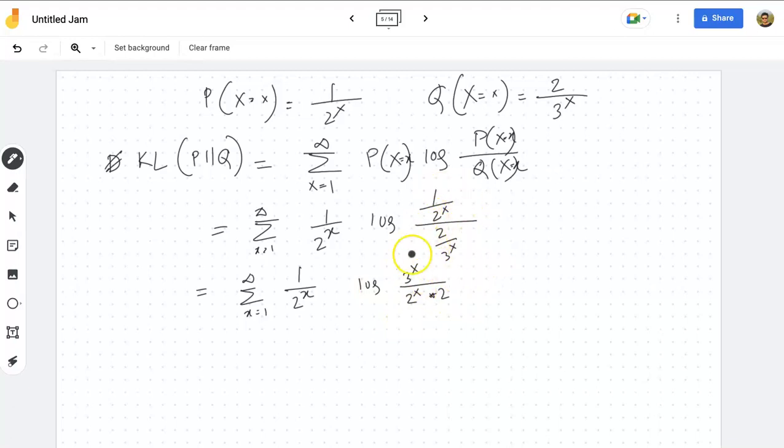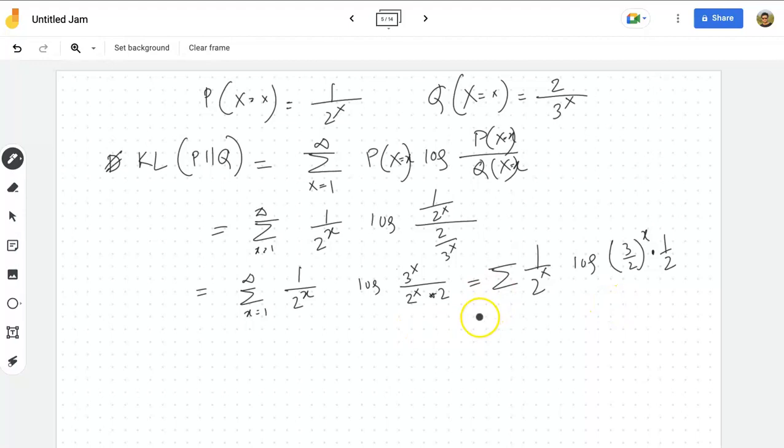So if you just format it, it will be... Now if you just write it carefully, I'm not writing this x equals 1 to infinity again and again. Just this is the thing. So I'm just writing it as x. It will be log of 3 by 2 to the power x into 1 by 2. You can just write it here this way.